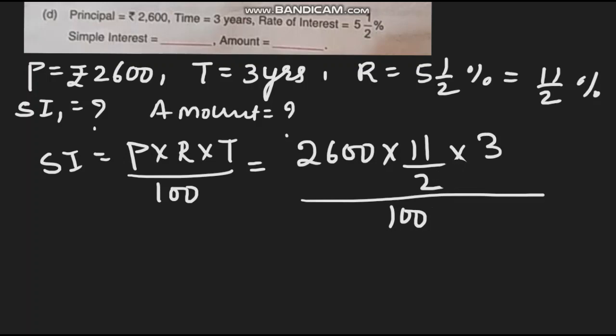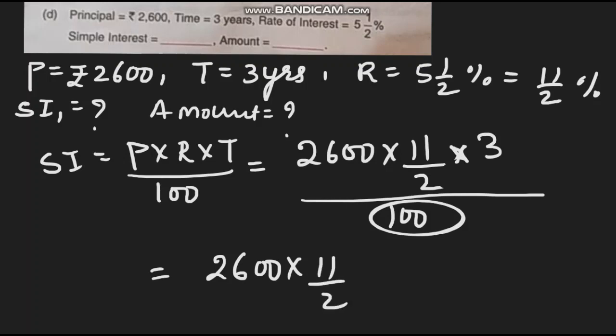But the other way round, if you see this 100 as the denominator, that means you are dividing this numerator by 100. In the previous question we have done, 2600 into 11 by 2 into 3 is divided by 100. That means 100 by 1.